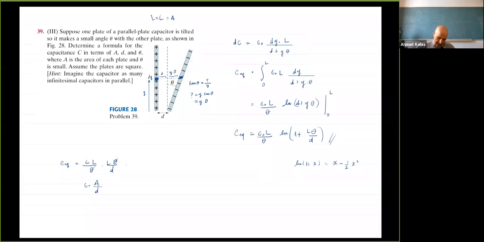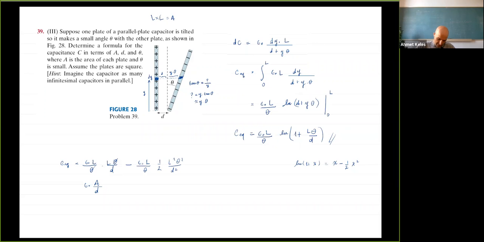And if that's the case, I have a second term here, epsilon naught L over theta times 1/2 L squared theta squared over d squared.